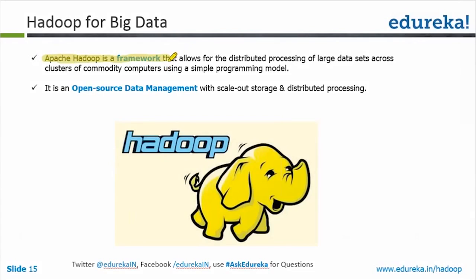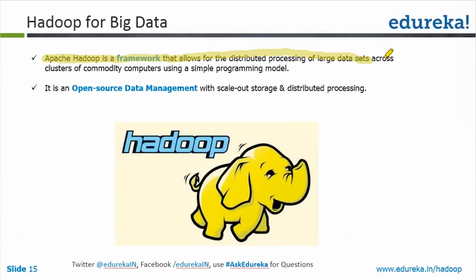It allows the distributed processing of large data sets. It means the processing you do in Hadoop is not on one single machine, but involves thousands of machines or nodes.